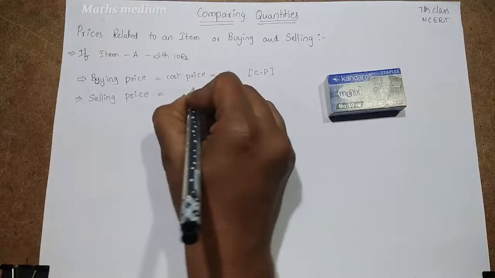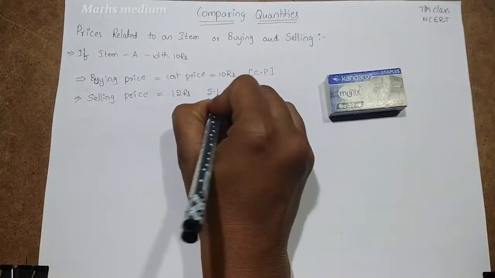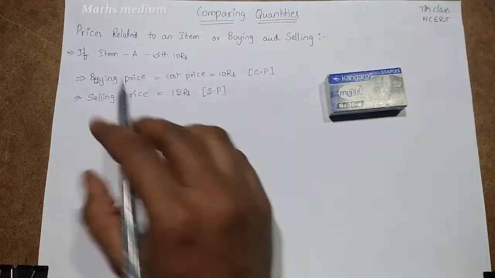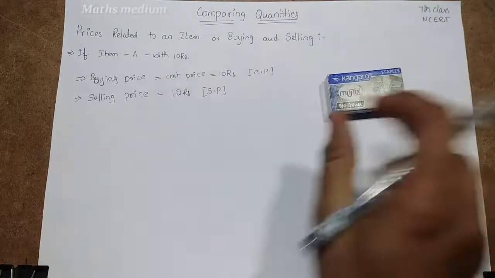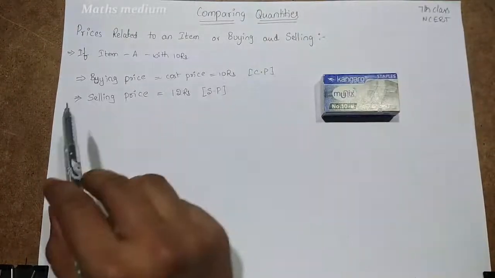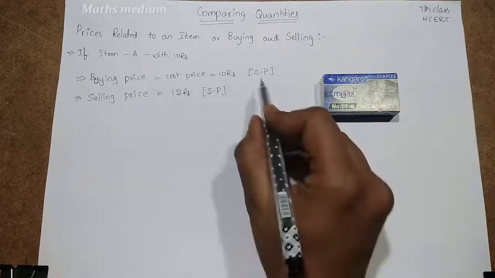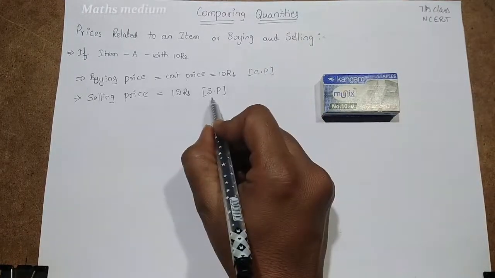Selling price is 12 rupees. It is also called SP. So the price at which I buy this item is called cost price, and the price at which I sell is called selling price. Shortcut, it is CP and this is SP.